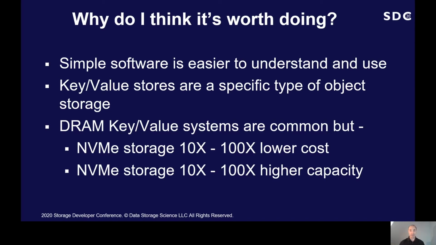One of the other things that folks brought up when I was talking about this is that key value and object aren't the same thing. And that's mostly true, although in my head, and based on the definitions, key value is a specific type of object storage. When you look at some of the definitions of what a key value store is, it's basically fixed length keys and fixed size or non-split values, right?